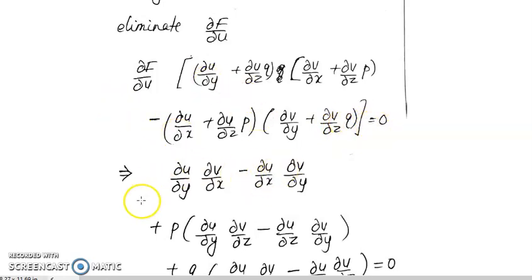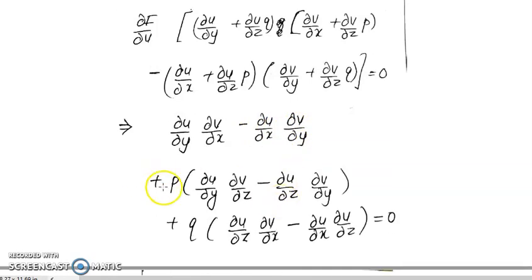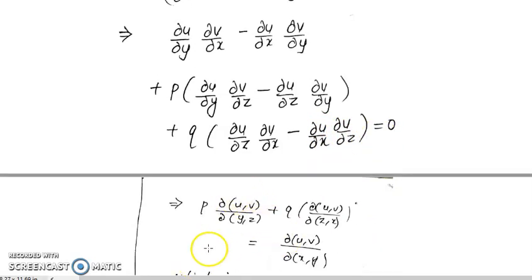So on simplifying, collect the terms in p, the terms in q, and the terms independent of p and q. So you are going to get dou u by dou y into dou v by dou x minus dou u by dou x into dou v by dou y, plus p times (dou u by dou y into dou v by dou z minus dou u by dou z into dou v by dou y), plus q times (dou u by dou z into dou v by dou x minus dou u by dou x into dou v by dou z) equal to 0.